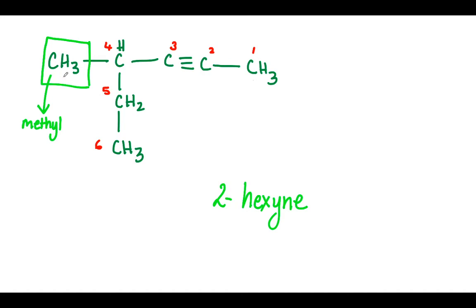And then the only thing that I have left over is to put in my side group. And my side group is attached to carbon number 4 of the parent chain. So that means that I'm going to do 4 methyl, and there is a dash here. I want to make sure that that's clear, and a dash comes after the methyl as well. So 4 dash methyl dash 2 dash hexyne, and that is how I name this particular molecule.